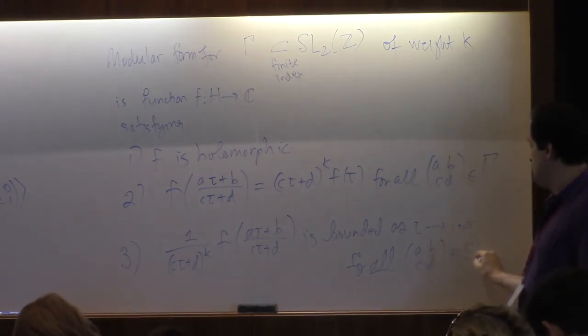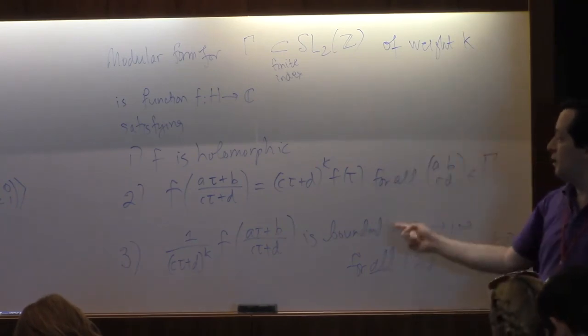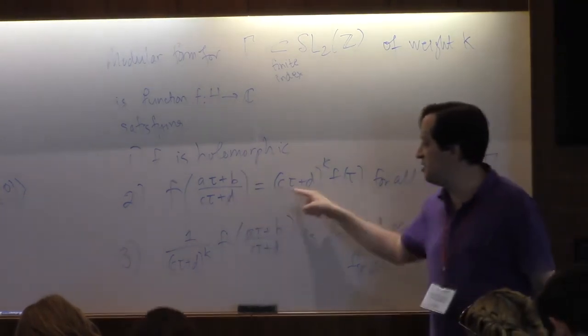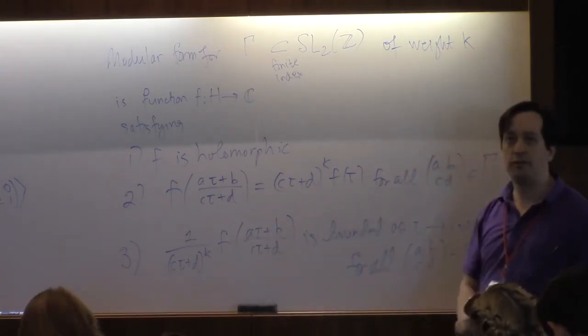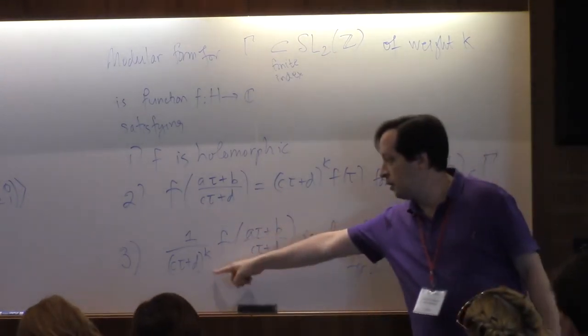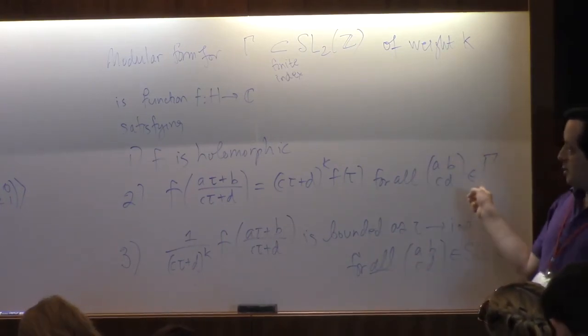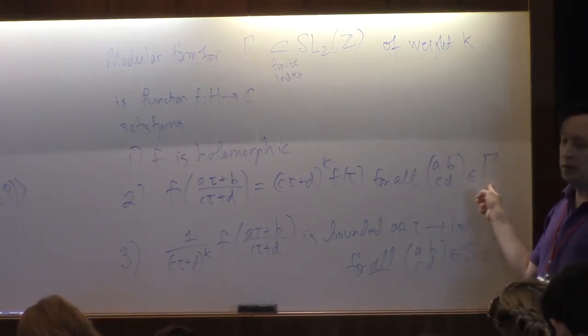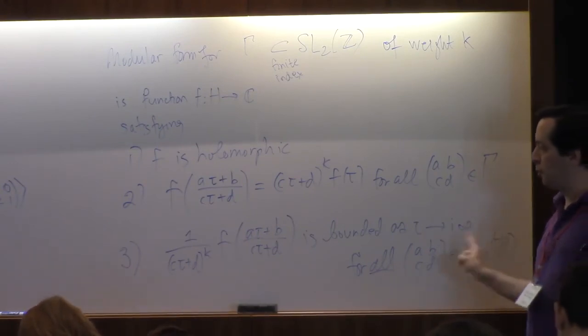So if the group gamma is SL2Z, then these are equal for all the matrices, and so this is just another way of saying the original function. But in general, this third condition is for the full group SL2Z. The second condition, the modularity condition, is only for the subgroup gamma, and so this is saying something for a larger group.